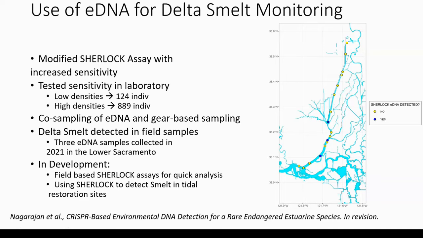So that is very, very exciting for eDNA. And so in development, we have more field-based Sherlock assays for quick analysis, and then using Sherlock to detect delta smelt at tidal restoration sites.